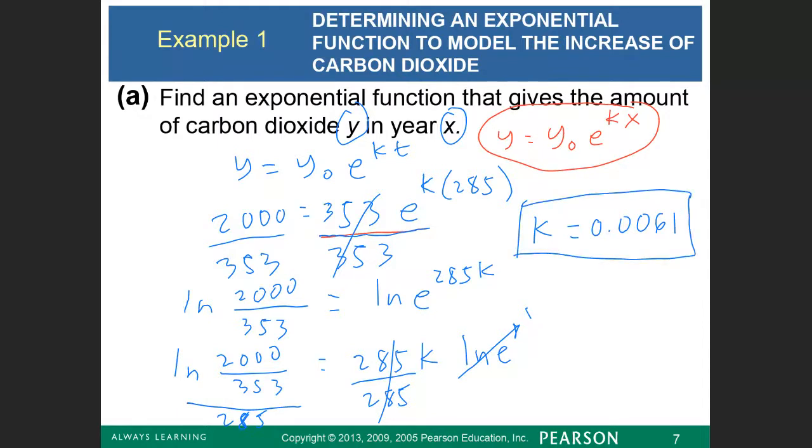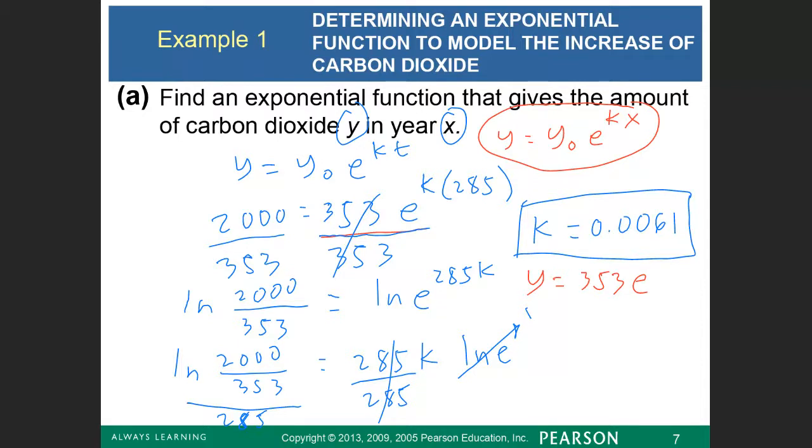So now we can have the equation, which is the model equation. I'll put it in a different color. So you're going to say now y equals 353 e power of 0.0061 x. Our k is positive, so this means this is exponential growth.